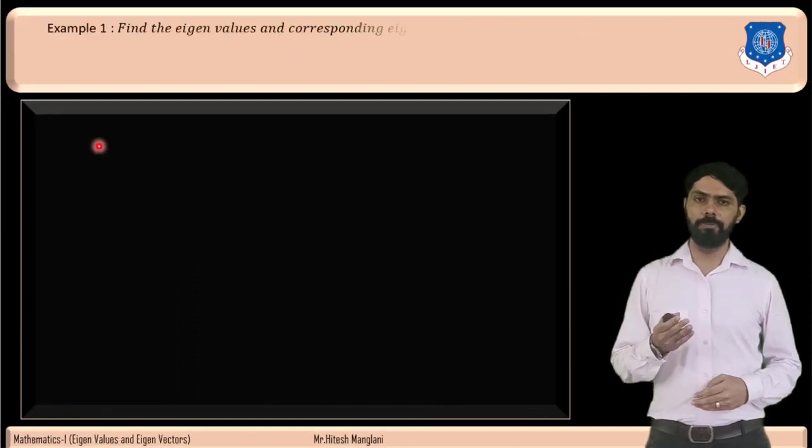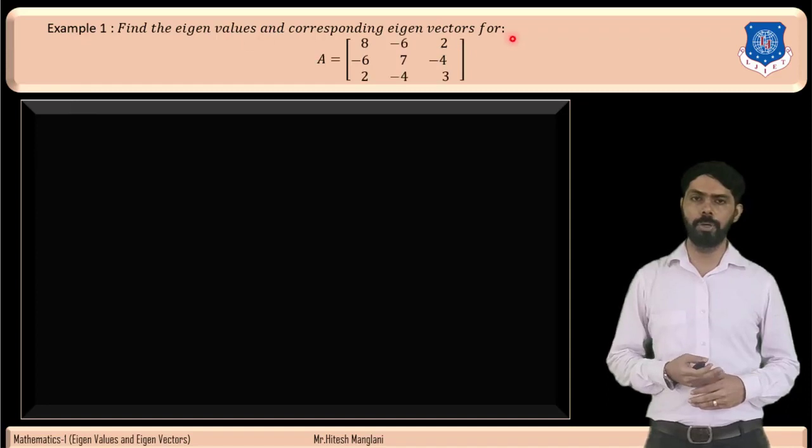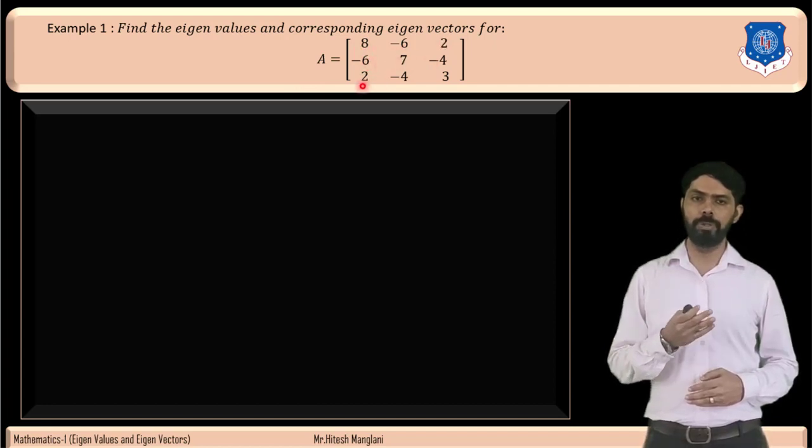First example: find the eigenvalues and corresponding eigenvectors for A equal to 8, minus 6, 2; minus 6, 7, minus 4; 2, minus 4, 3.